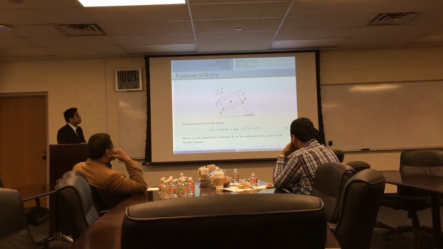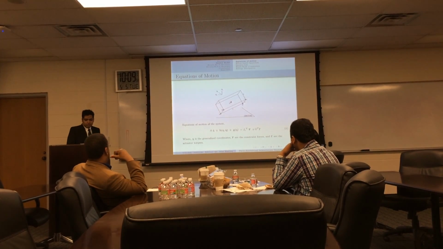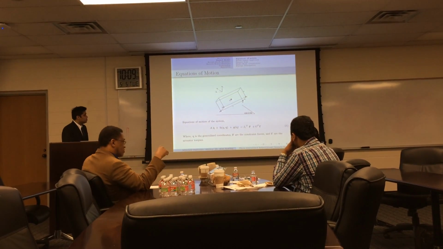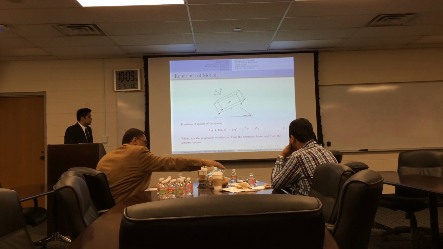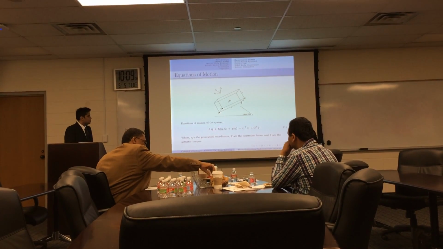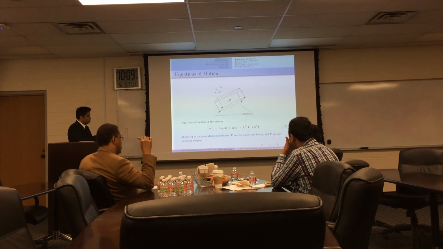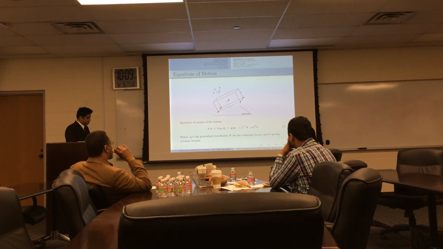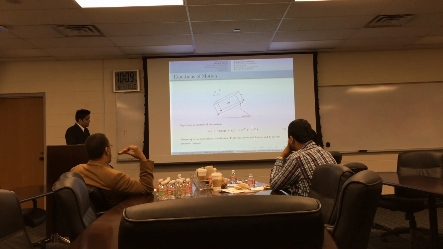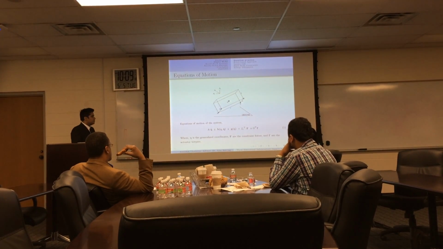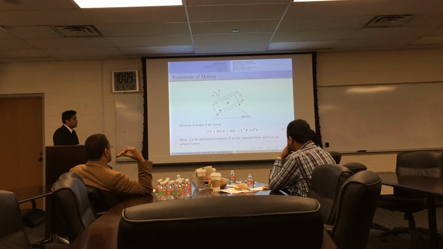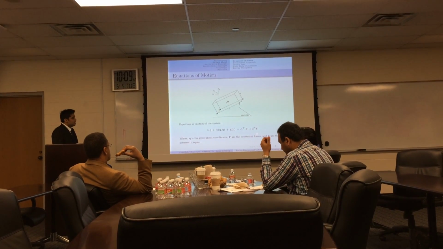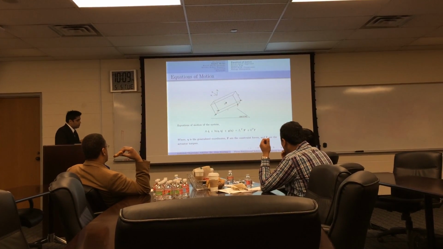So to describe the impact model, I'll first begin with the equations of motion. Over here, A is the inertia matrix, Q double dot, where Q would be the generalized coordinates, B would be the Coriolis terms, and G would have all the gravity-related terms, F are the constraint forces, and tau would be the actuated torques.